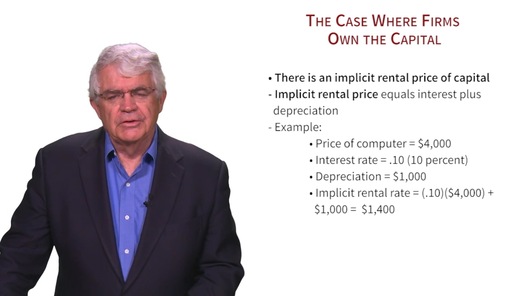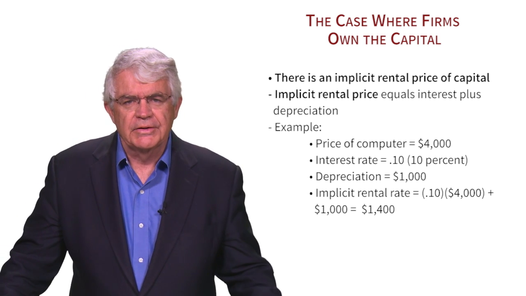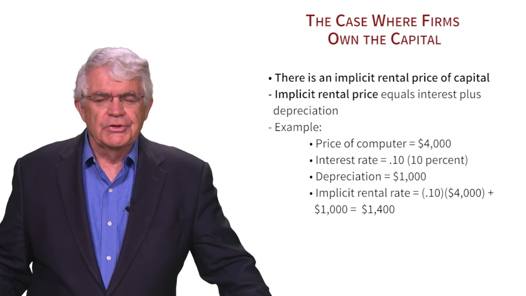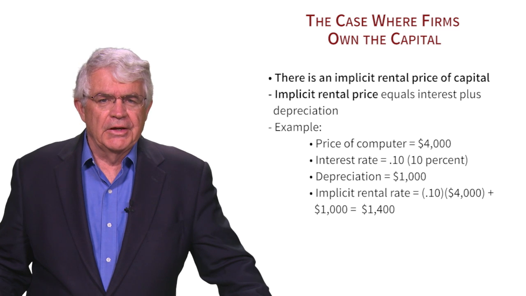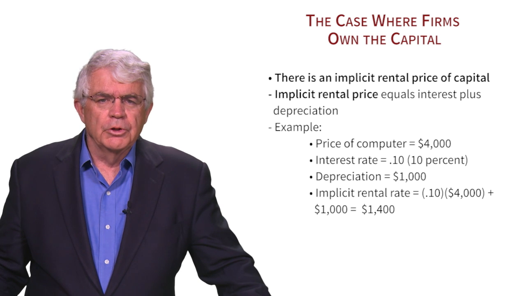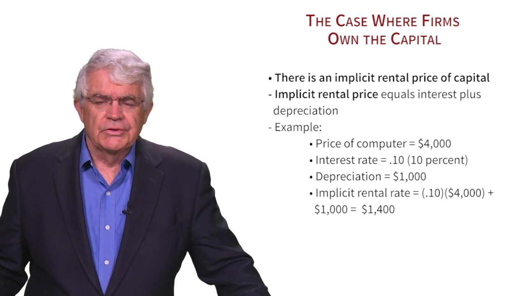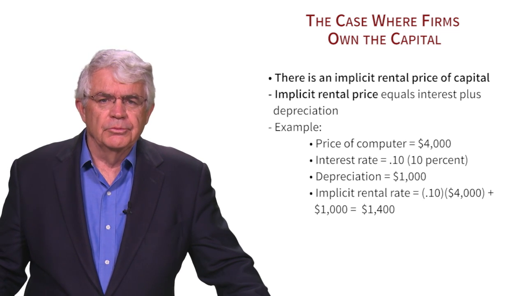For a firm deciding whether to buy one truck or buy 2 trucks or buy 3 trucks, the considerations are exactly the same when you have an implicit rental price than if you had an actual rental price. If the implicit rental price is greater than the marginal revenue product for one unit of capital, in the case of the food trucks, if the implicit rental price was greater than $3,000, then the firm wouldn't get in the business of food trucks at all.